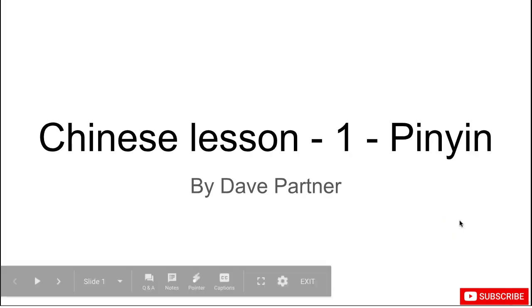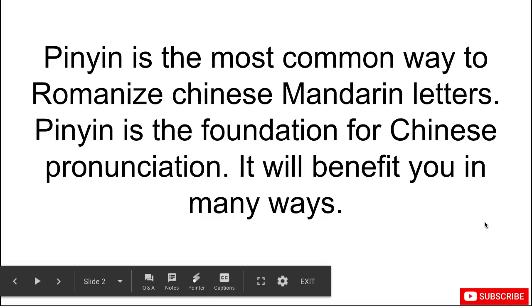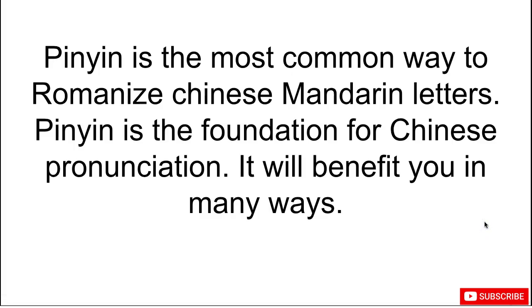First of all, I want to introduce you to something called pinyin, and it is a way to write the Chinese language instead of using the traditional Chinese writing characters. It is mostly used if you want to teach foreigners Chinese, or you want them to be able to learn, to be able to read Chinese writings using Roman characters.